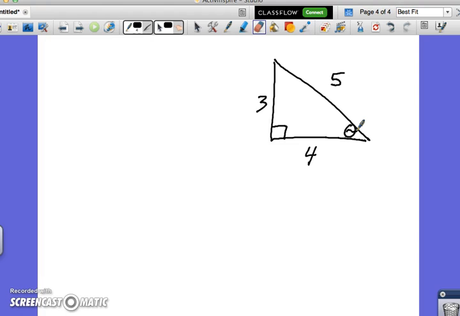So if we're looking for the sine of theta, what would the ratio be? Well, remember we said that sine is the opposite over the hypotenuse. Well, what's opposite this theta here? Well, this 3 is opposite it. So the sine of this angle theta is going to be 3 over, well, what's the hypotenuse?